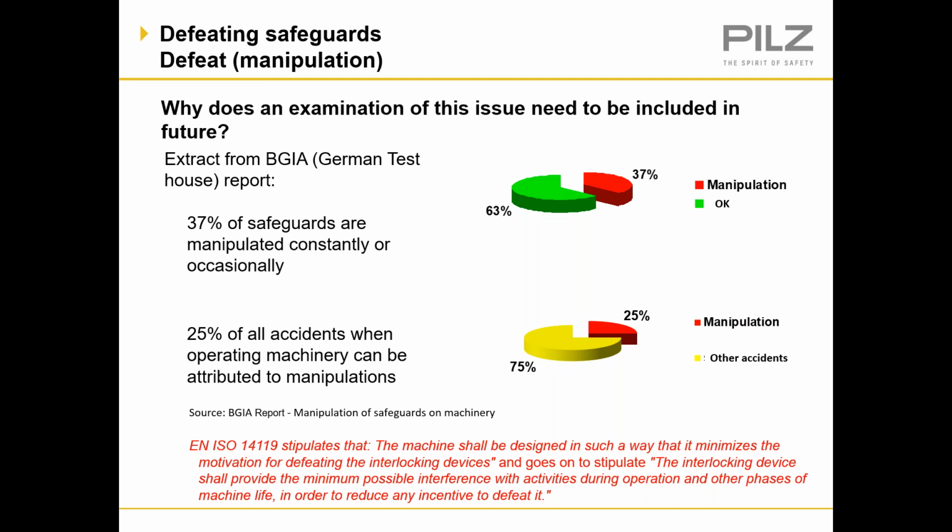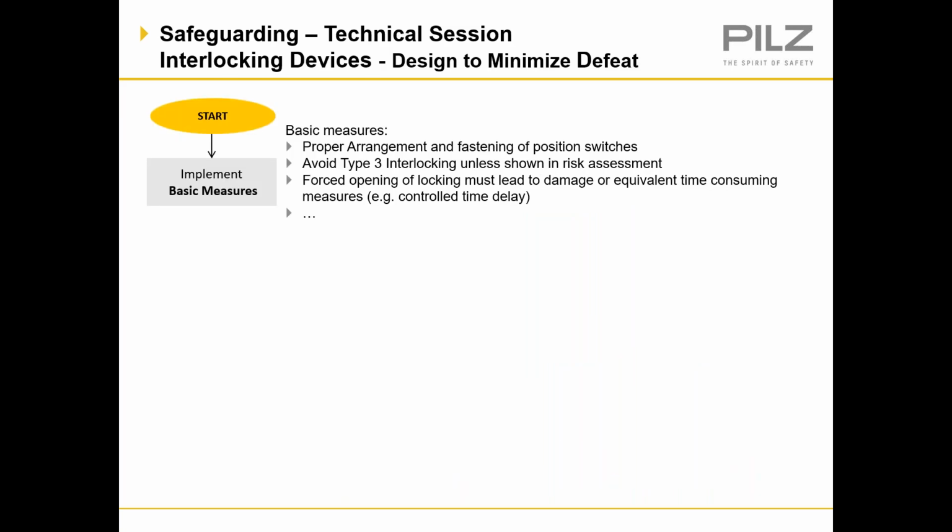Well, a report was carried out by a German test house, and its findings were that 37% of safeguards are manipulated constantly or occasionally, and that 25% of all accidents when operating machinery can be attributed to manipulation. So a quarter of all machinery operating accidents were caused by manipulation, which is quite staggering.